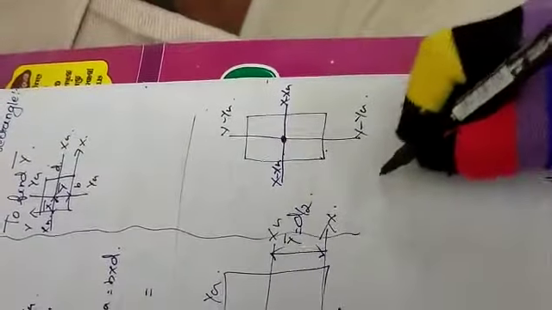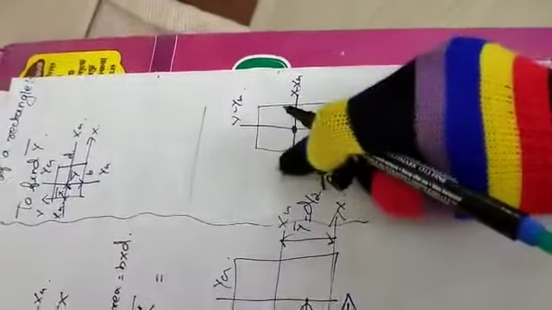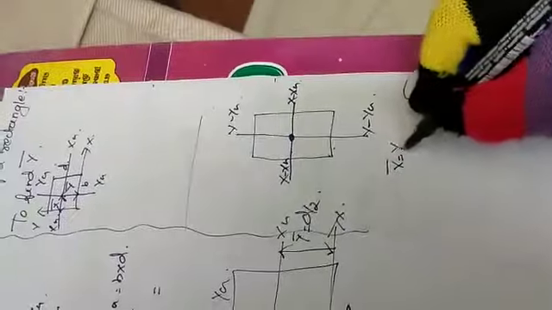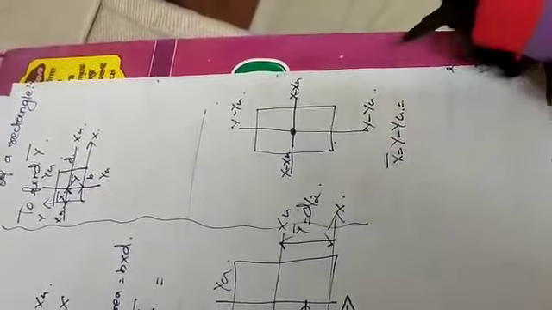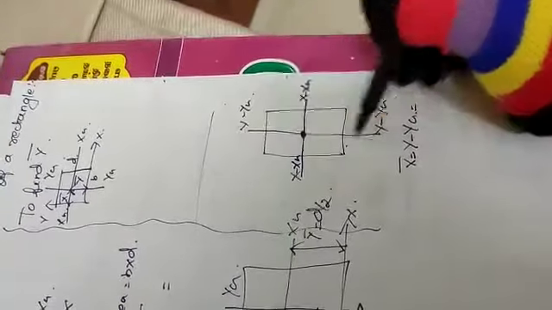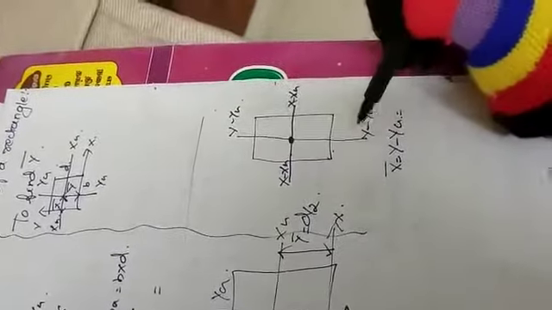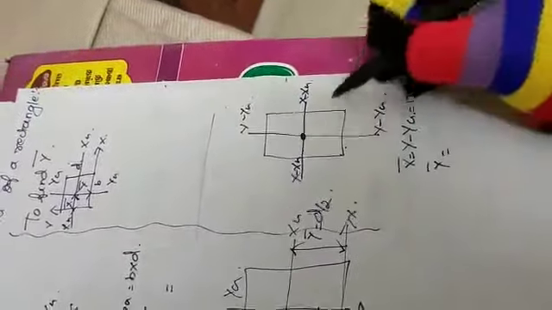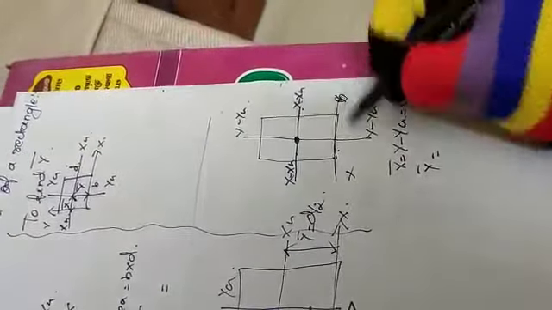Can you tell me what x bar is now from this figure? X bar is the distance from y to yg. Is there any distance? No distance, because it's symmetrical, so x bar is 0. Y bar is the distance from the x reference axis to xg.